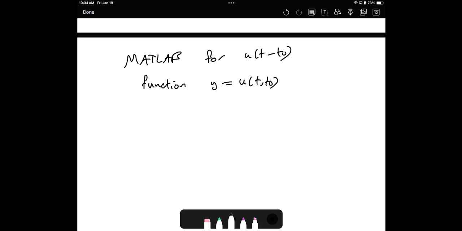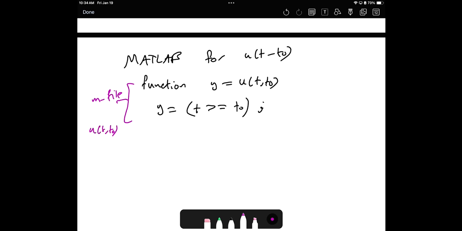So we will define it by ourselves. Y will be t larger or equal to t0, then brackets. That's what we will write in the function. Then we will save it in a separate M file. We call it u of t minus t0. That's what we will write in the M file, so you can save it.